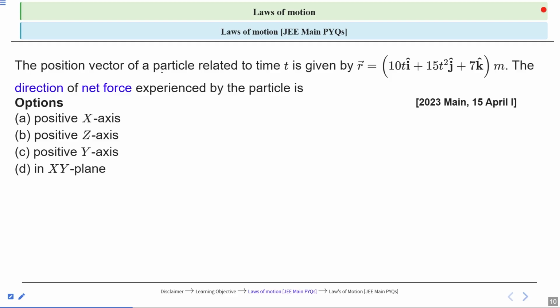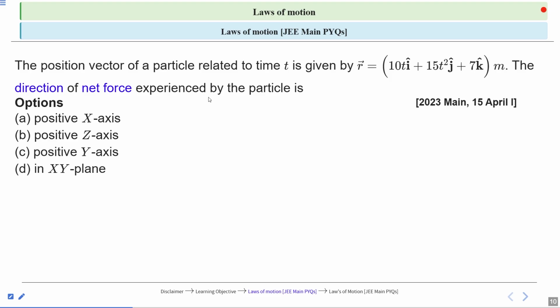The position vector of a particle related to the time t is given by r is equal to 10t i cap plus 15t square j cap plus 7k cap meter. Here r is the position vector. The direction of net force experienced by the particle is what? So in this question, you have to find out the direction of the net force experienced by the particle.